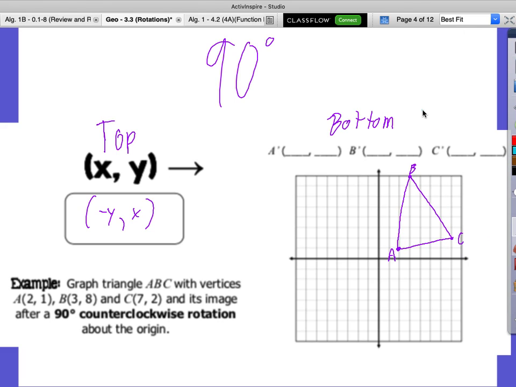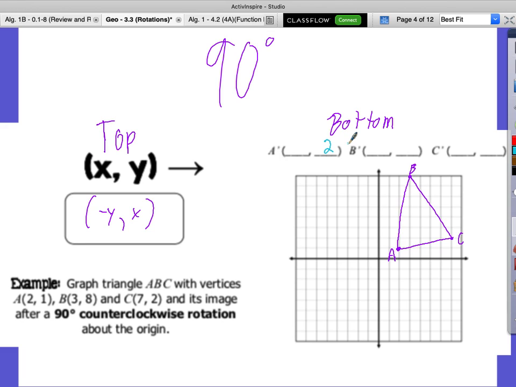So then after we have the original graphed, we're going to work on our new image, our rotation. If our A is originally 2 comma 1, for the negative y comma x, we'll take our original x, which is 2, and put that where the y goes for A prime.